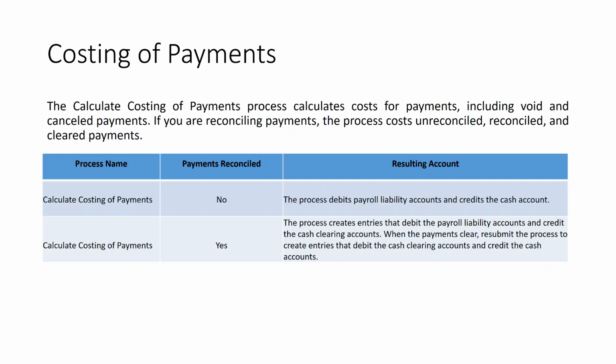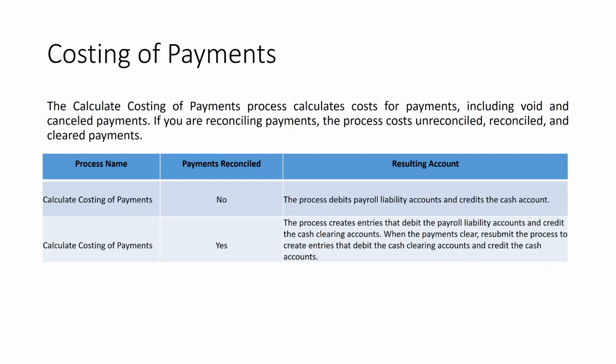So the first time we run it with the flag payment reconciled as no, because this process debits the payroll liability account and credits the cash accounts. Crediting the cash account means you're going to pay this amount to the employees.